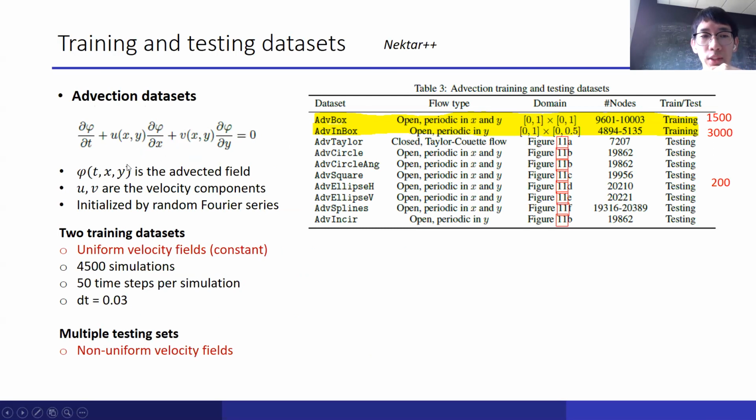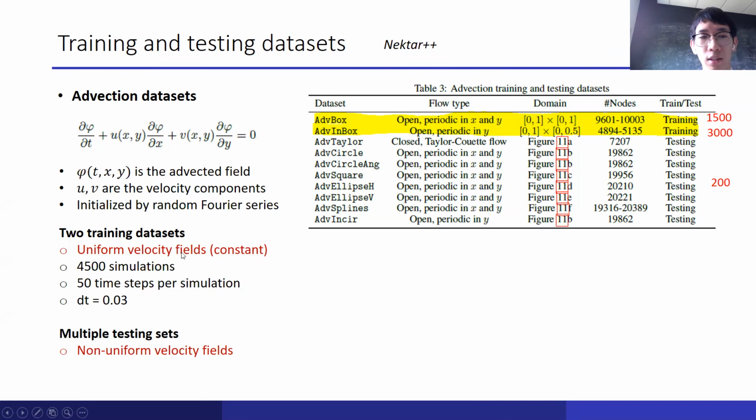This is the equation, and phi is the scalar field transported by the velocity field. They generate a number of data sets, and only 2 of them are used for training, and the rest are used for testing. The differences between the training sets and the testing sets are twofold.